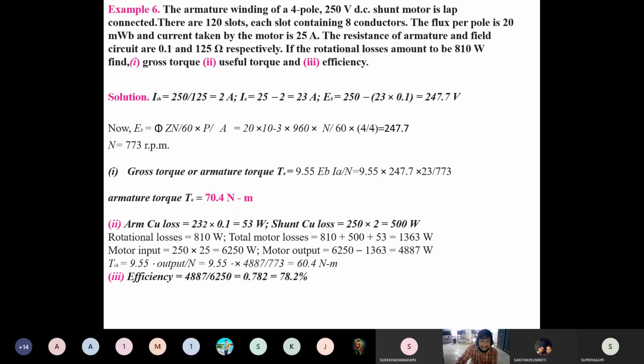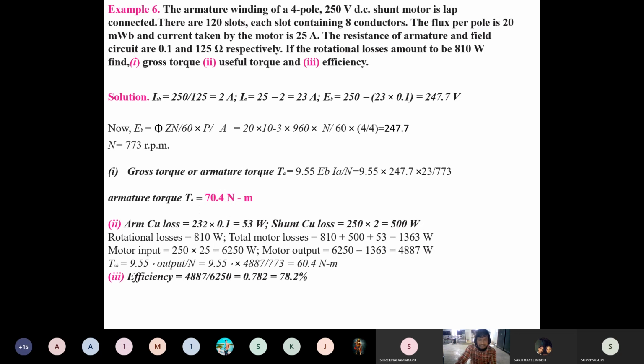Ish is 2 amperes, squared. I am not showing this one, it is a mistake. Ish square into Rsh, 2 square into 125. You have to put 2 square into 125, that is 4 into 125, equal to 500 watts.